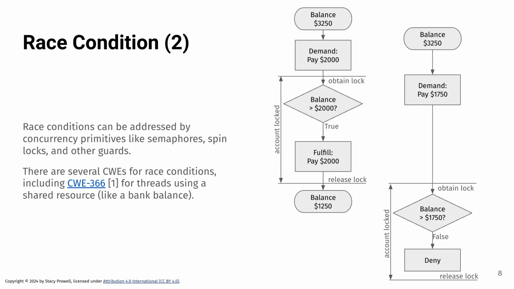Over on the other side, we have a demand come in for 1750. We obtain the lock later. We have to wait for the lock to be released so we can obtain it. We then check to see if your balance is greater than 1750. It's not. Now it's 1250. So we fail that transaction and deny it, and things work the way we want them to. So that's what it looks like in the little flowcharts here.